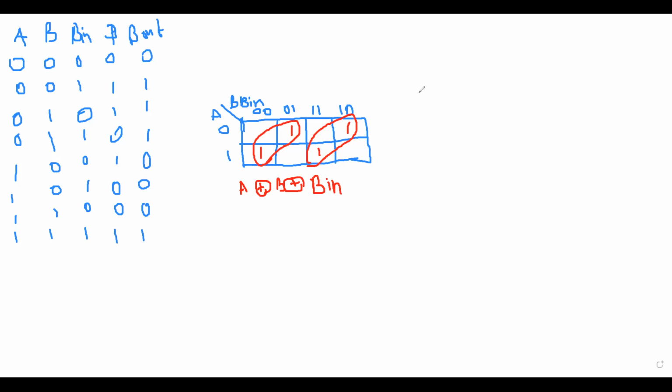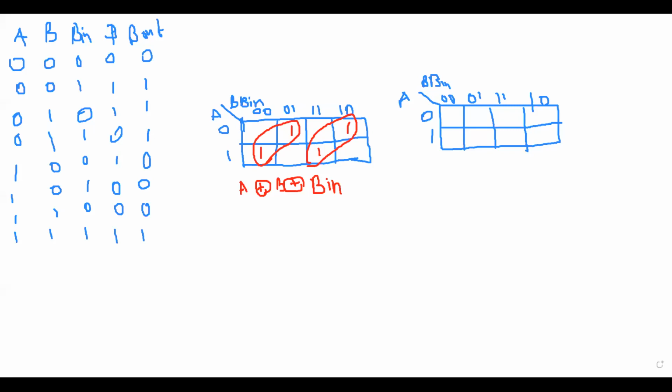Now for the borrow out K-map. Here 0, 0, 1. Then 0, 1, 0. 0, 1, 0. Then 0, 1, 1. 0, 1, 1.